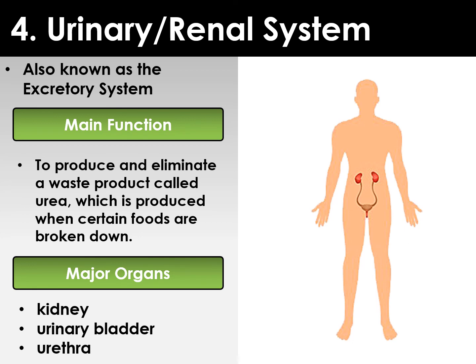If it builds up in our body, it becomes extremely harmful to us. So the urinary or renal system performs a very important function by enabling us to remove this byproduct from our system. The major organs of the urinary, renal, or excretory system are the kidney, urinary bladder, and the urethra.